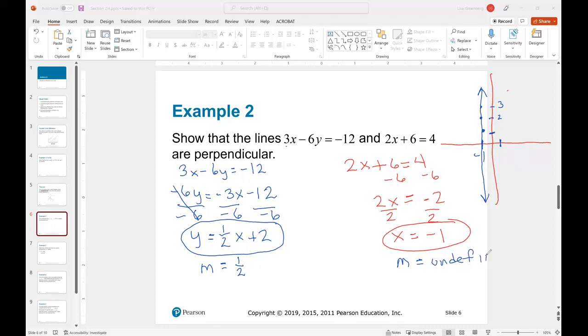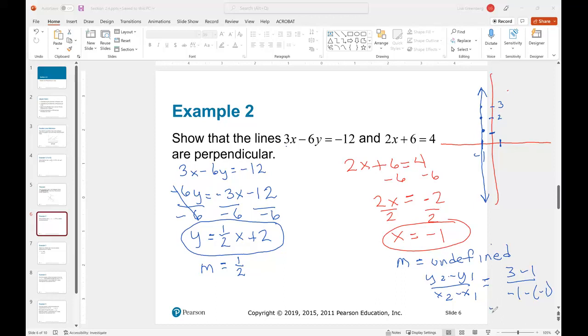Okay? Because if I do y2 minus y1 over x2 minus x1, it doesn't matter which y's I pick. I'll pick y equals 3, and I'll pick minus 1 over, here's the important part, the x is actually minus 1 minus minus 1, which is minus 1 plus 1.